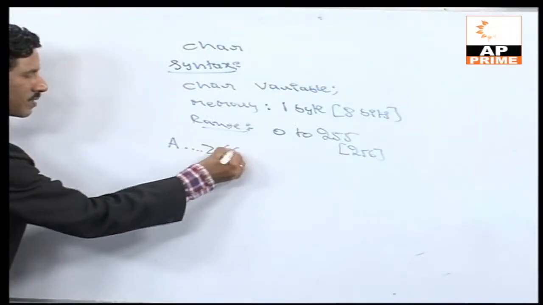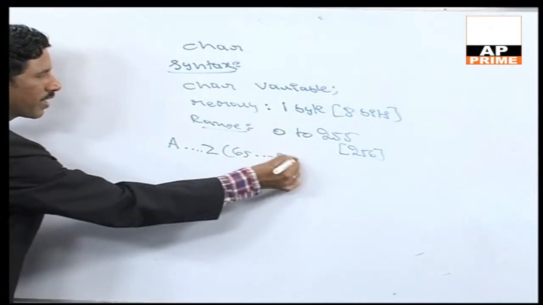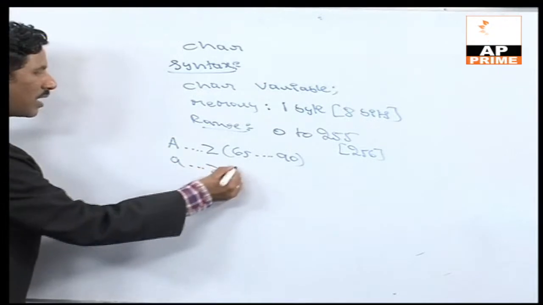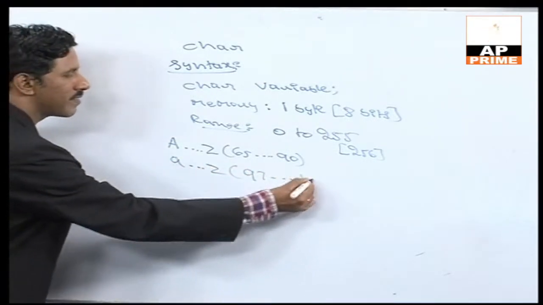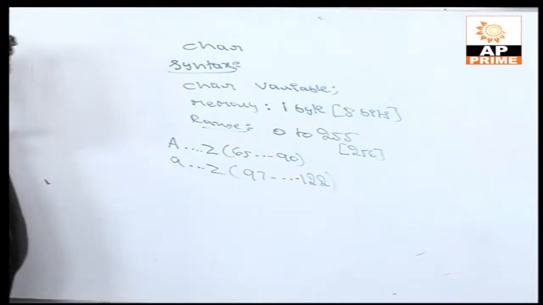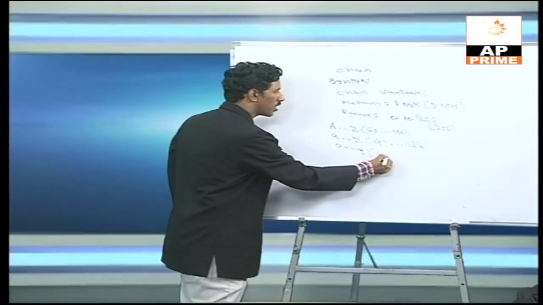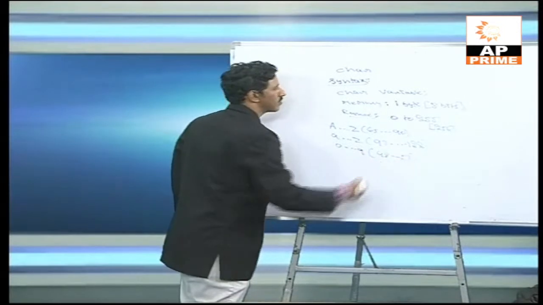Uppercase letters, what is the ASCII value? 65 to 90. For small letters, the ASCII value is 97 to 122. For digits, the ASCII value is 48 to 57.